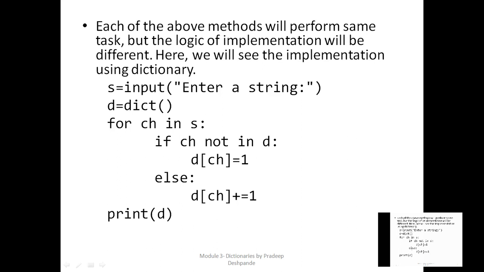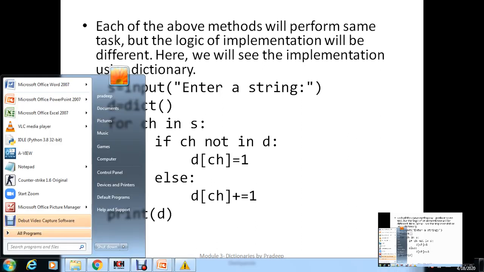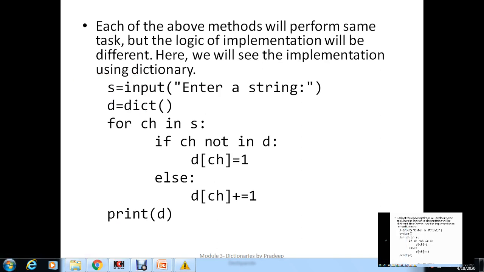If it is already available, then we just increment the count. At the end, we are displaying that dictionary. So just check this by using the IDLE. We use the IDLE here as our executing console.